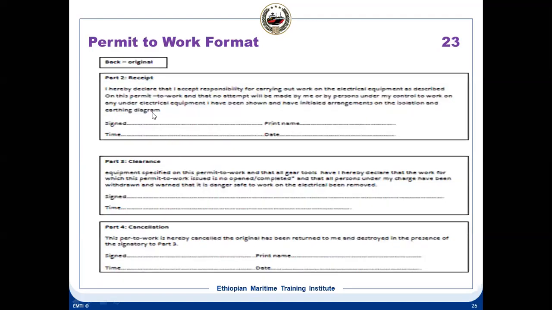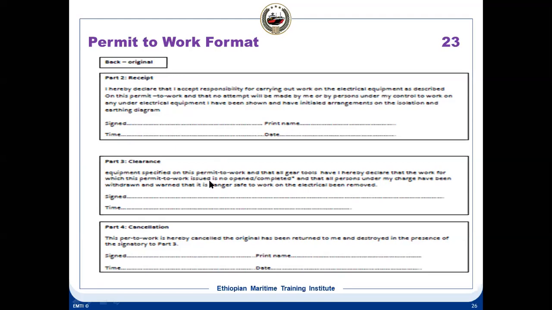This is signed by the competent person: I hereby declare that I accept responsibility for carrying out the work on the electrical equipment as described on this permit to work, and no attempt will be made by me or a person under my control to work on any other electrical equipment other than that shown as being isolated. Then clearance.